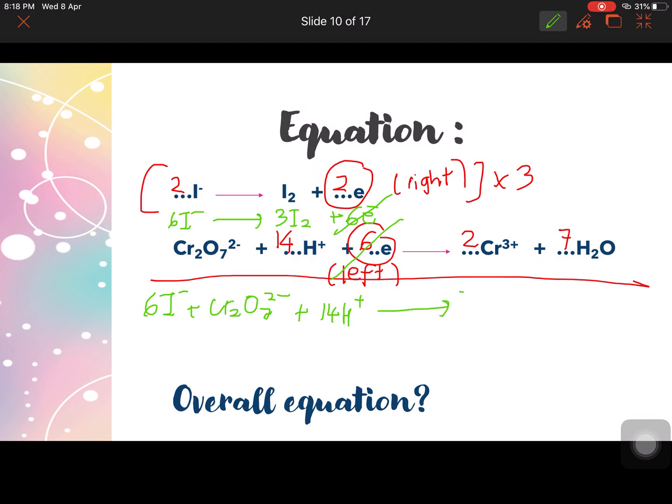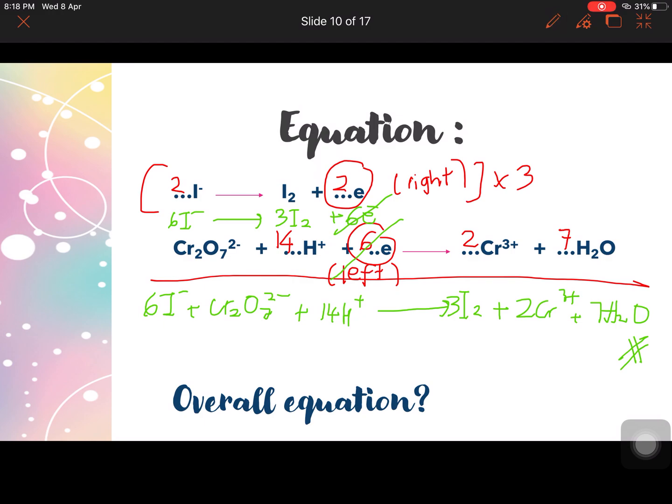Untuk first equation, products we have iodine, 3I2 sorry, and electron dah habis. For the second equation, we have 2 chromium ion with 7 H2O. So this is the overall equation.